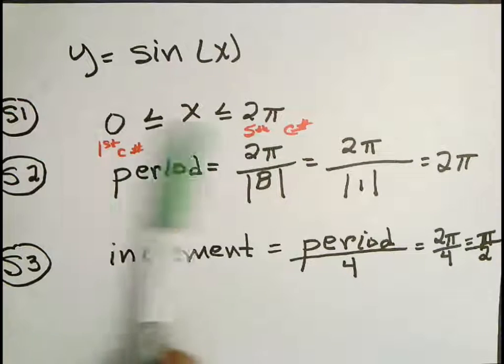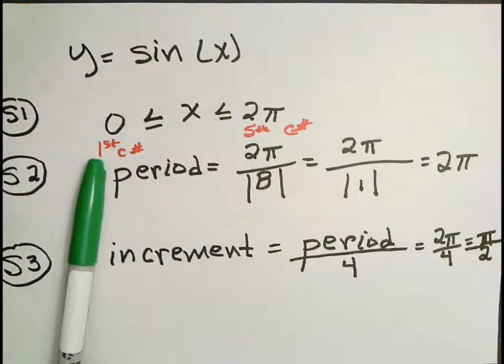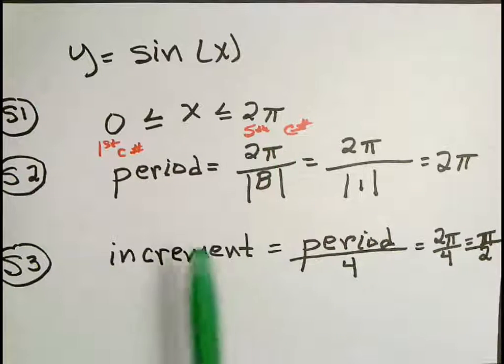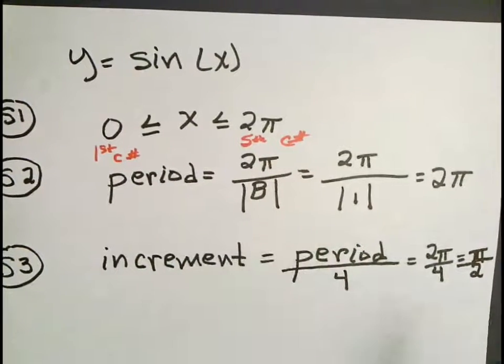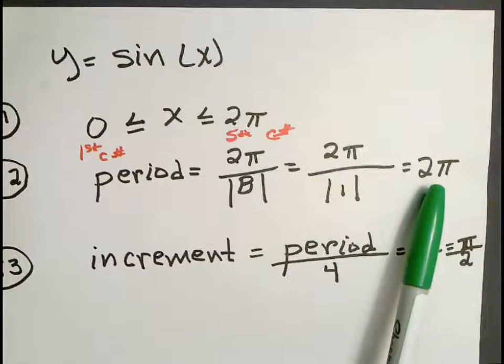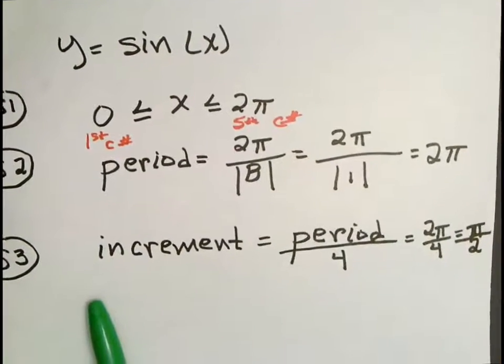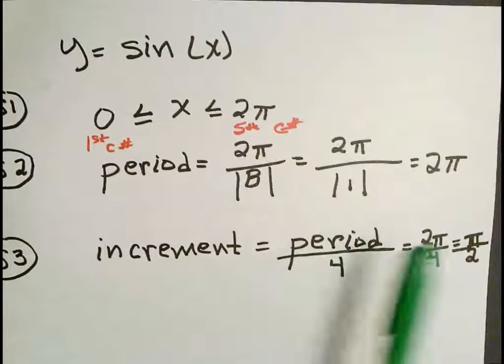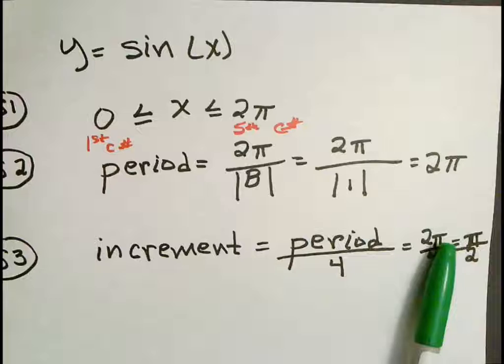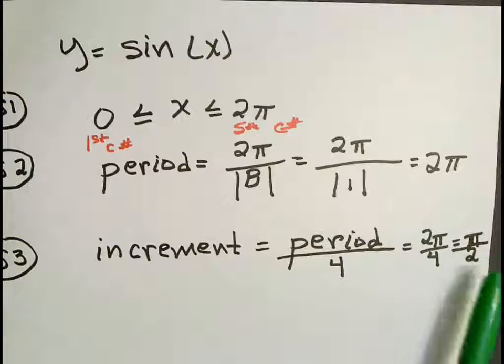So we can't do anything else to this inequality. The first critical number is 0. The fifth critical number is 2 pi. The period is 2 pi divided by the absolute value of b, which will make this 2 pi. Our increment will be the period 2 pi divided by 4, which will give us 2 pi over 4, which reduces to pi over 2.